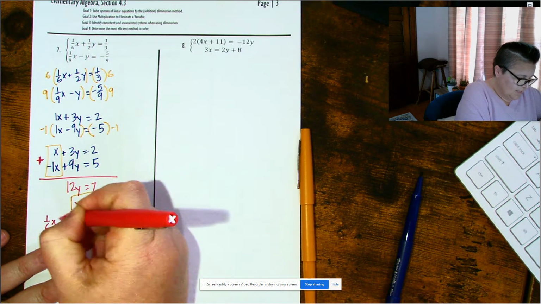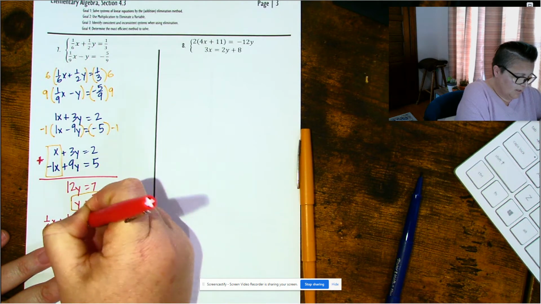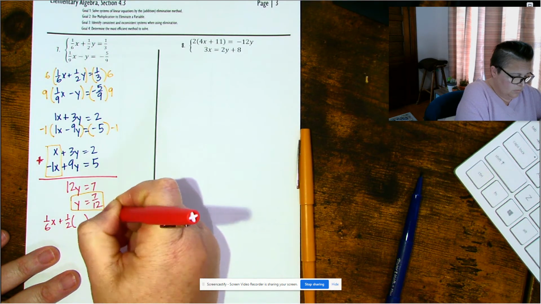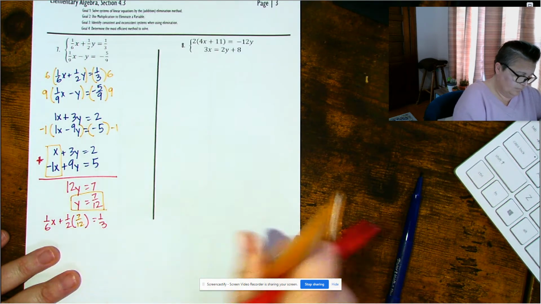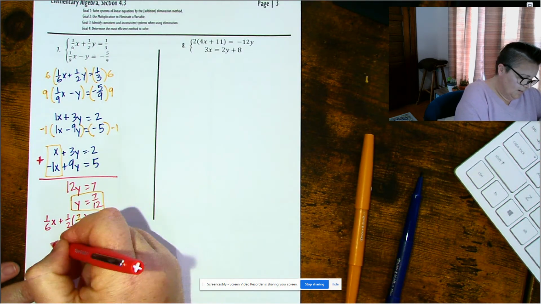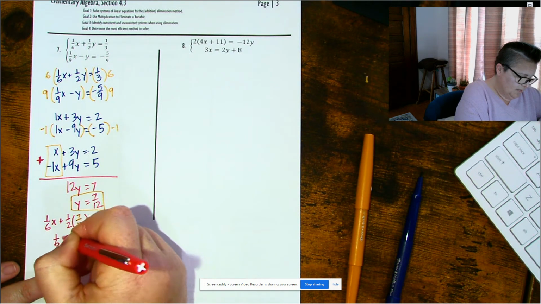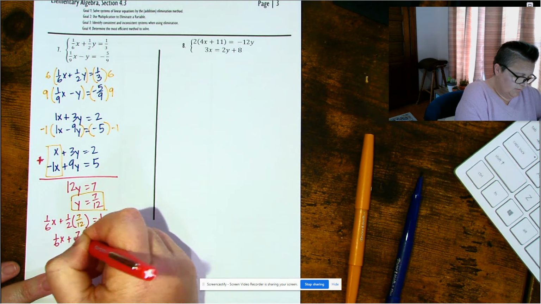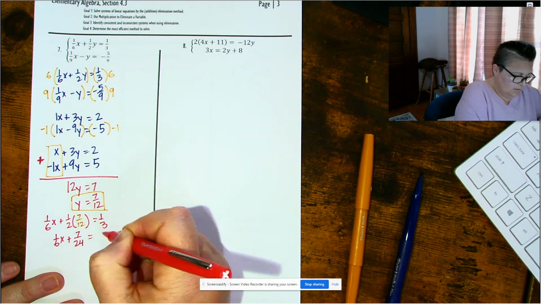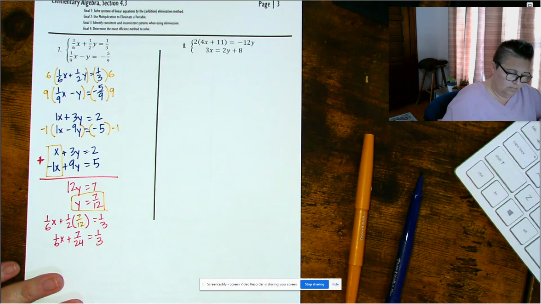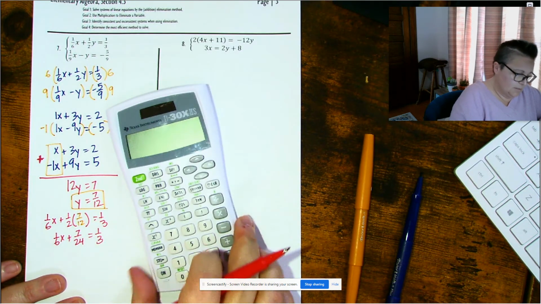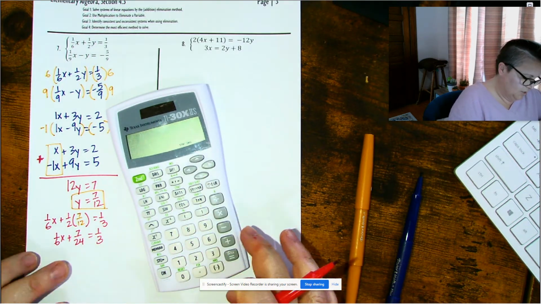I've got 1/6x plus 1/2 times the y equal to 1/3. All right, so this is going to be 1/6x plus 7/24 is equal to 1/3. If you don't know how to do it, it's time to get comfortable with the fraction button.